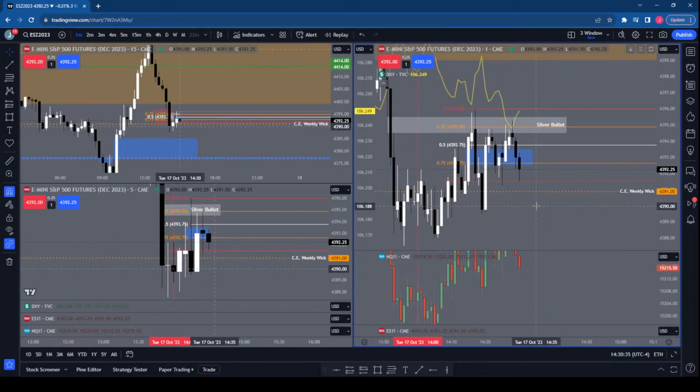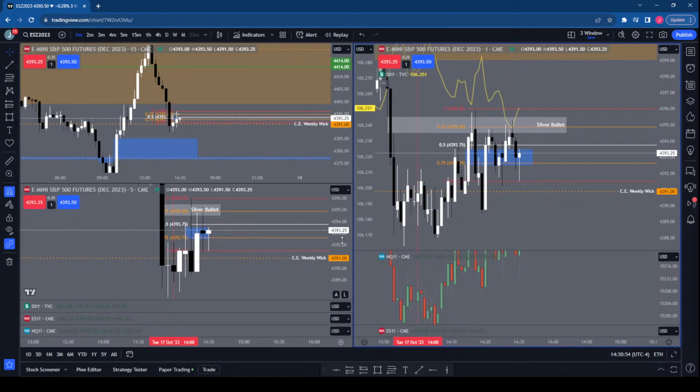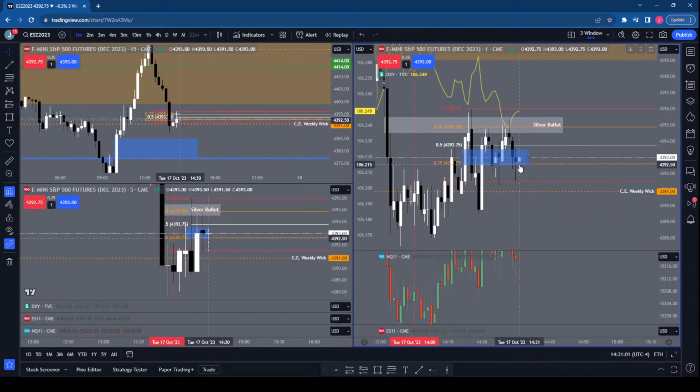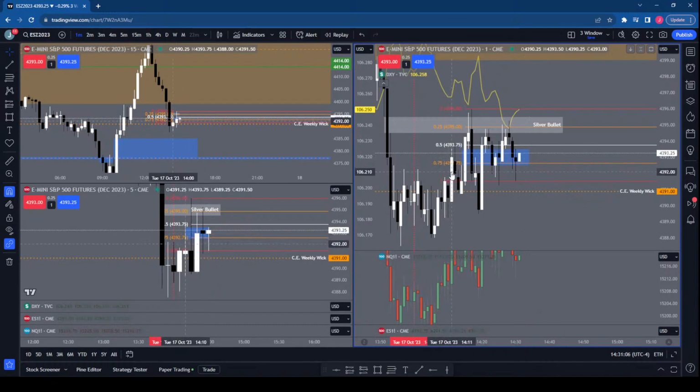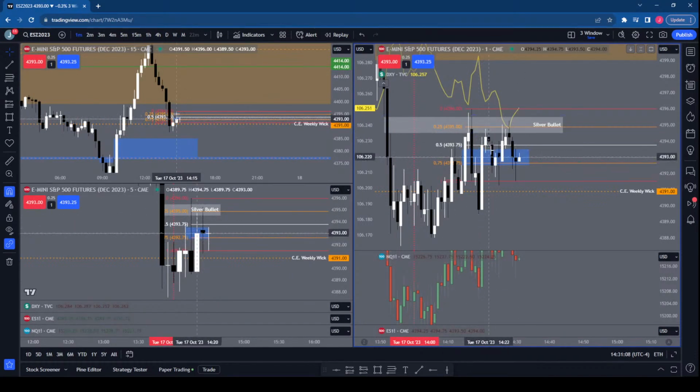There we go. Nope. There we don't go. I don't like how these bodies are respecting this blue fair value gap now that we've closed above it.